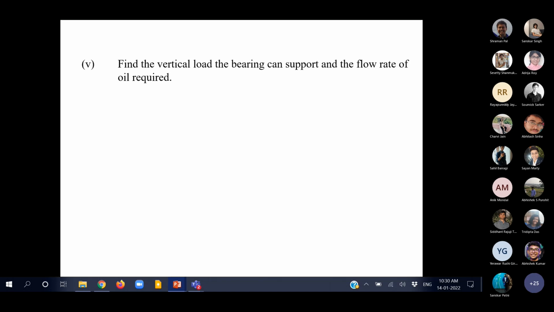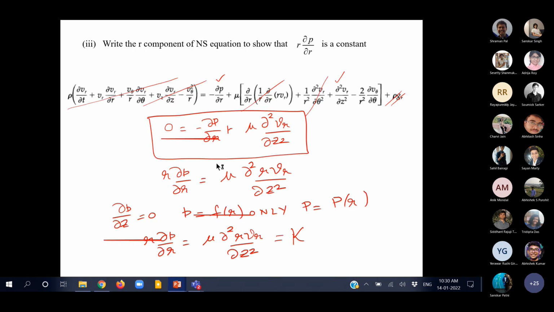So to do that, I'll go back to my previous governing equation, which is R del P del R, which is this. Since del P del R functional form is known to me, I should be able to find out what is VR.